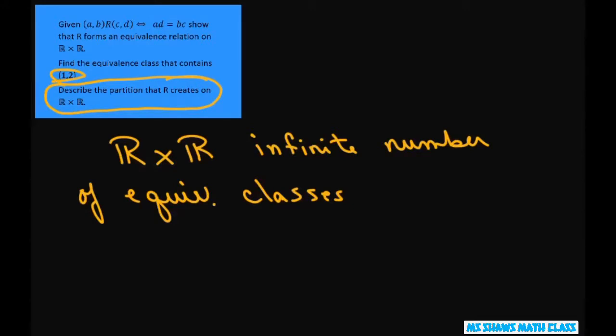But each class consists of coordinate points that lie on a straight line through the origin. So if we had changed this, we would have to say (1, 3). We would have gotten another equivalence class, and it would have been partitioned as such. Or if we had a (3, 1). So basically, it has an infinite number of equivalence classes. That's it. Thank you. Have a nice day. Bye-bye.